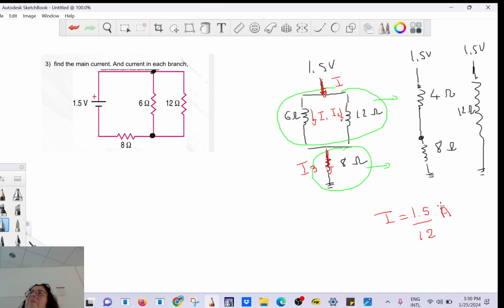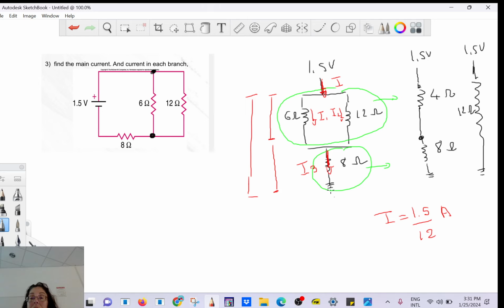Solve for what? Like the voltage drop from the parallel part? Separate them, and then you come back. So for example, can I say that the voltage drop here is 1.5 all the way? Yes, but here you have a smaller voltage drop, and here you have a smaller voltage drop.